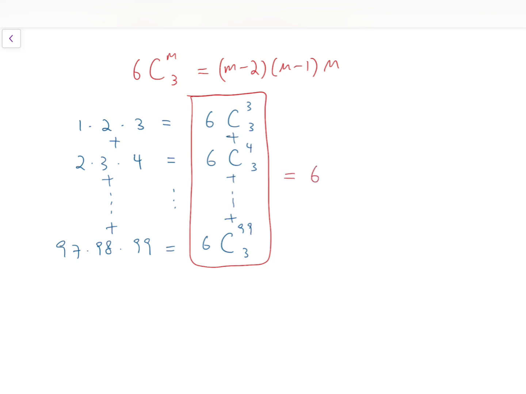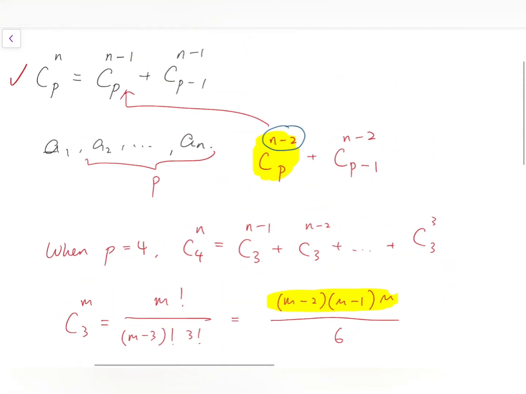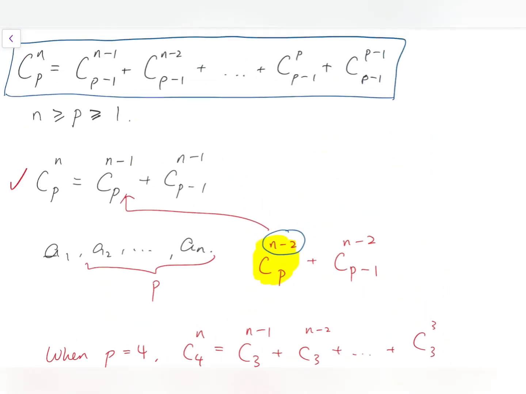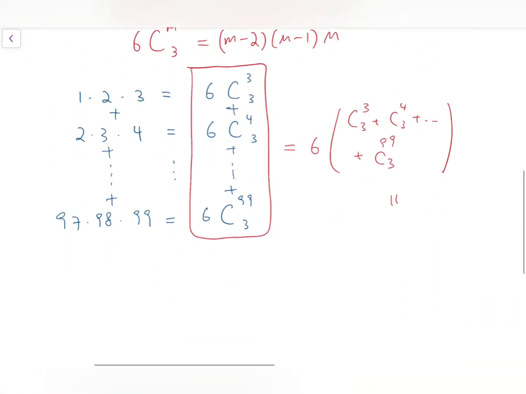That equals 6 times 3 choose 3, 4 choose 3, all the way up to 99 choose 3, and the things inside the bracket, according to the hockey stick identity, is equal to when n equals 100 and p equals 4. So that's 6 times 100 choose 4.